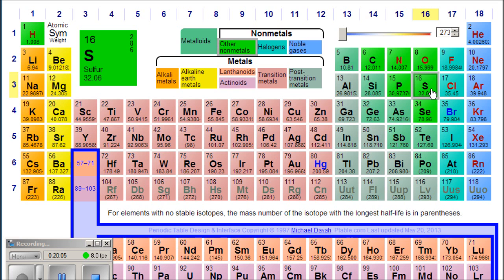If you have sulfur in the gas phase, it's going to take some energy to remove its outermost electron from the orbital and just have it release that electron into space or into the rest of the system. To do that, you're going to have to overcome the attractive force between that electron and the sulfur nucleus.